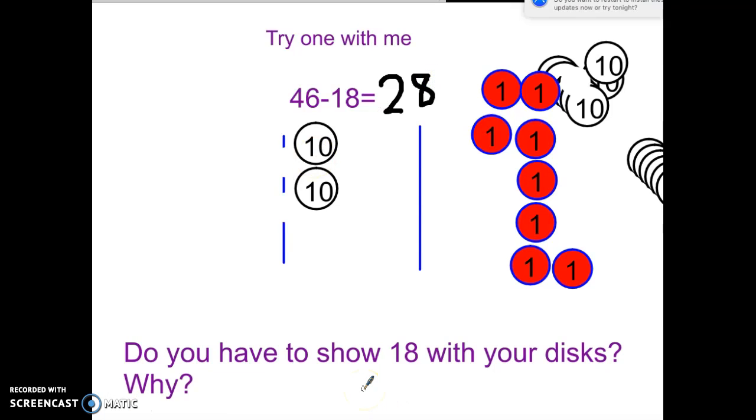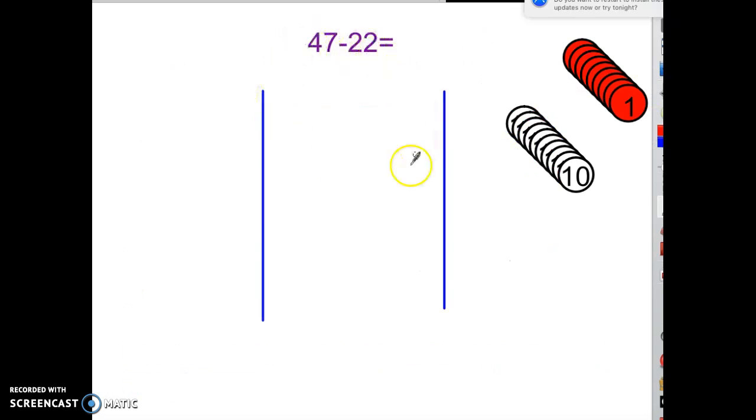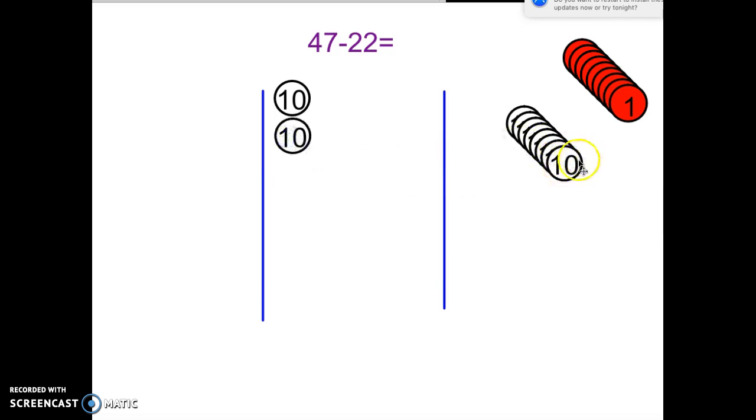All right, we're going to keep going. 47 minus 22, what are we going to build? Right, we're going to build 47. So with your place value discs, I want you to build 47. 10, 20, 30, 40, and 7.